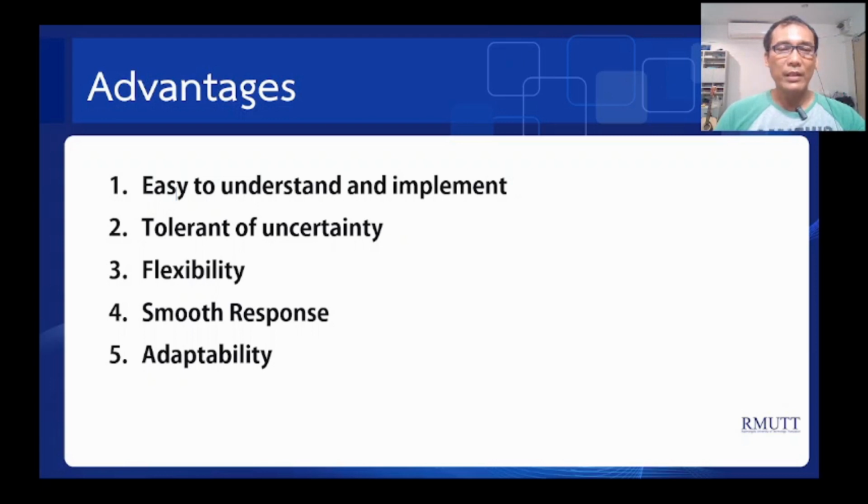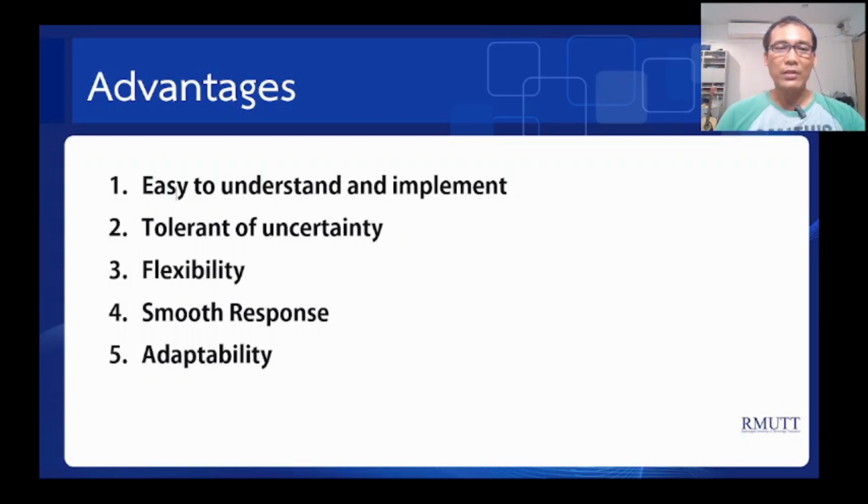The first one is that it is easy to understand and implement. FLC uses simple linguistic rules such as if-then. This makes it easy to understand and apply even by people who are not experts in control theory.